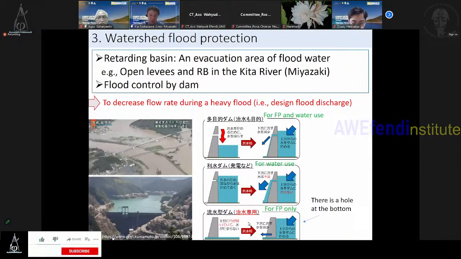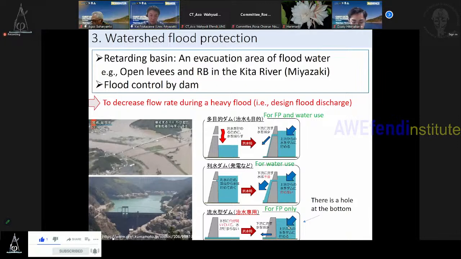And the last one is a dam for only flood protection. It is recently introduced. This dam doesn't store water in general because there is a hole in the bottom of the dam body. So river water flows like a natural river, but when flooding, the water cannot be discharged from this small hole.